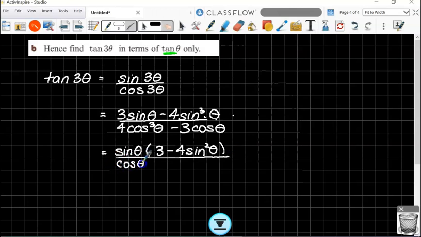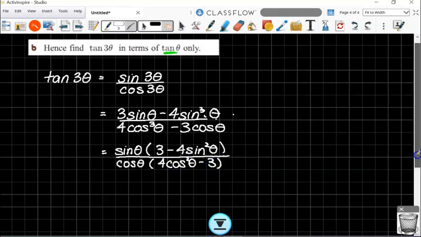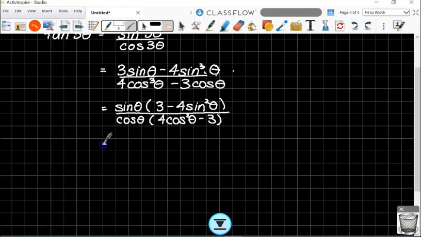A little bit happy because what's sine over cos? That's nice. Okay, that's nice, that's nice. So far so good. So I've got tan theta.